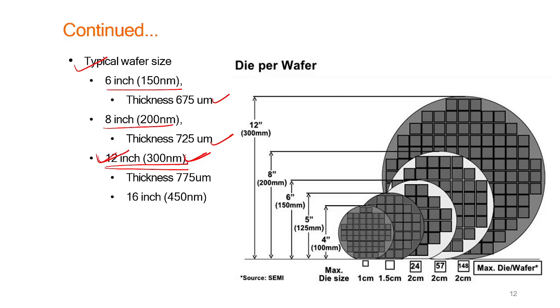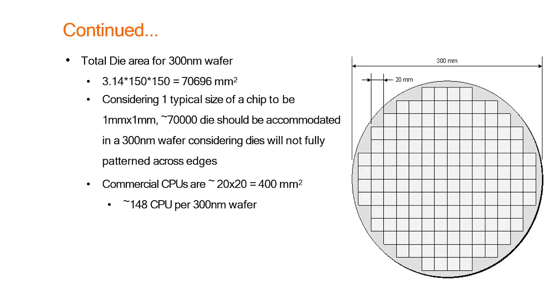Die per wafer: what is the area of a circle? Diameter is 300 millimeter, so radius 150 millimeter, 3.14 into 150 into 150, so you are getting 70696 millimeter square. Consider one typical size of chip to be 1 millimeter into 1 millimeter.